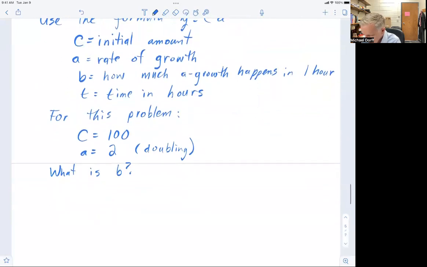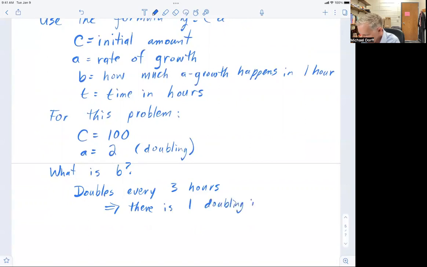All right, we know that it doubles every 3 hours. So that means that there is one doubling in 3 hours, which is equivalent to saying in 1 hour there is 1/3 doubling.